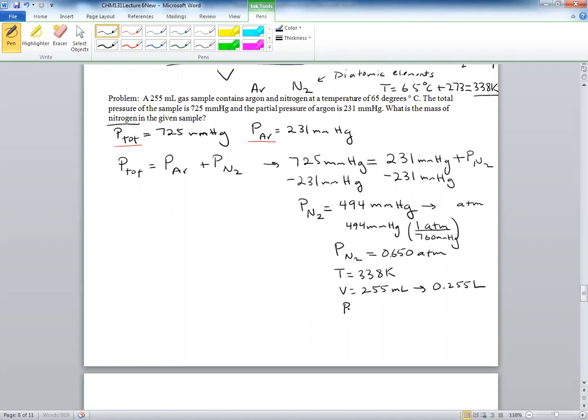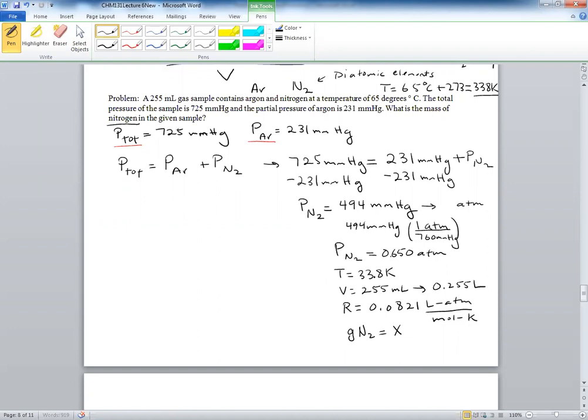And of course, we have R because we can look it up, 0.0821. So when you get to this point, you ask yourself, what do I do next? Essentially we need to get to the grams of nitrogen. So the grams of nitrogen is your unknown. It's X.